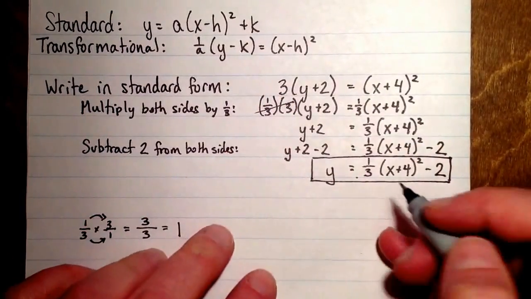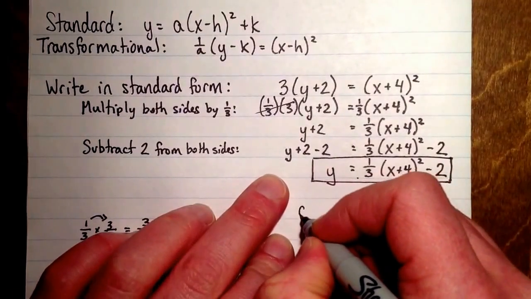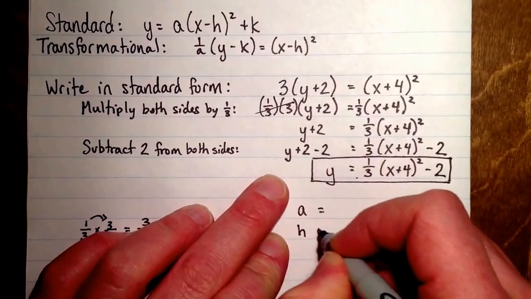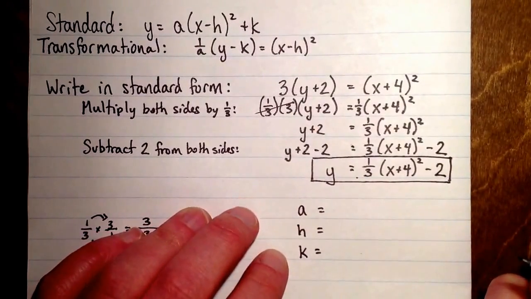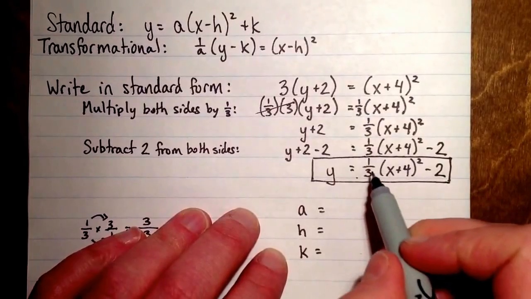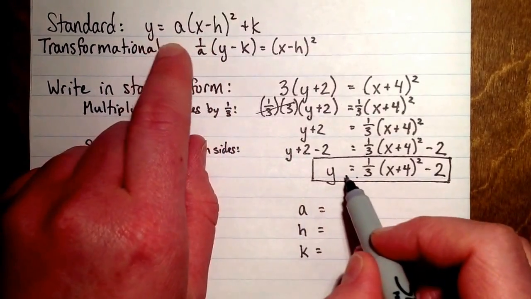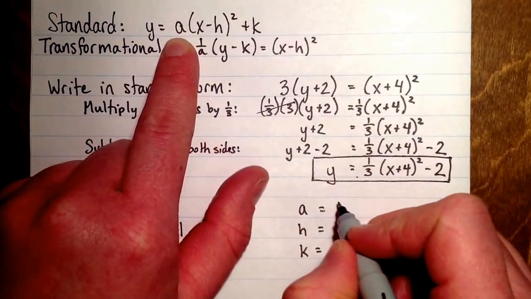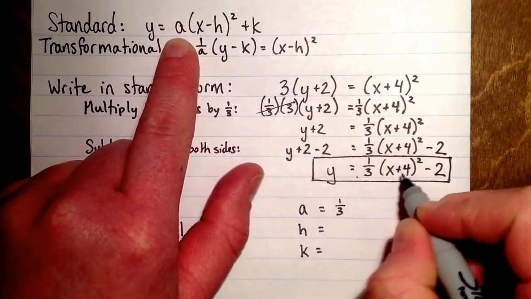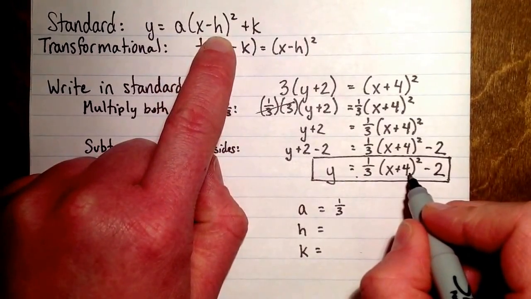Just one useful thing to do here is let's write down what our a and h and k values are. This would be especially helpful to you later. You can use whichever form of the equation is easier to see this. Maybe I'll use the standard form. So y equals, up here I've got a, and my a here is 1/3. And then it's x minus h, and I have x plus 4.